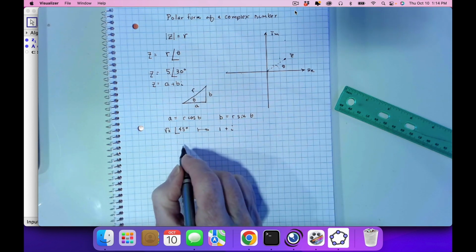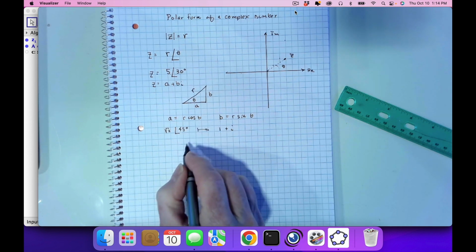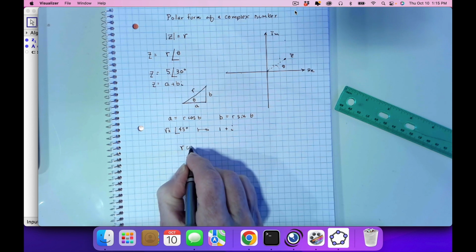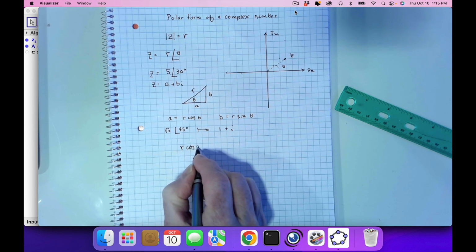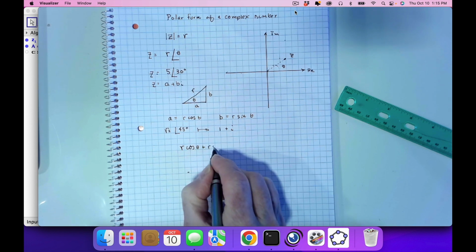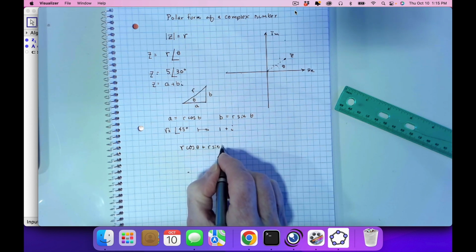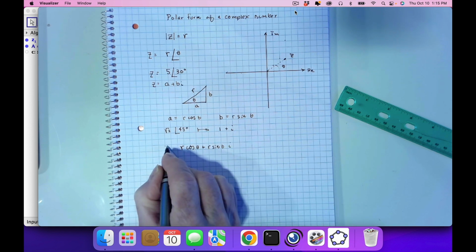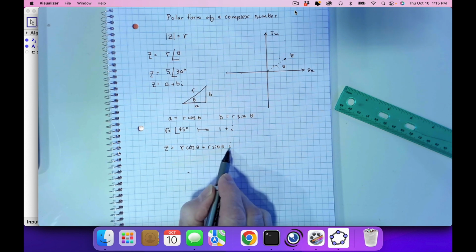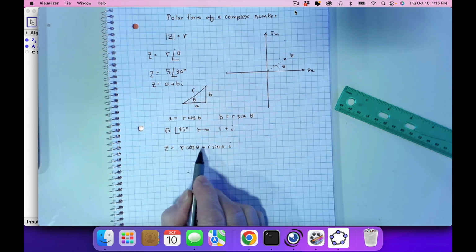So my complex number written in terms of these polar coordinates could be written this way: r cosine theta plus r sine theta, which is b, times i. So here I've written my complex number, but I'm using the polar coordinates.